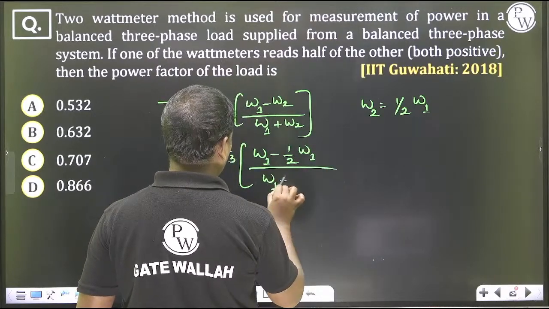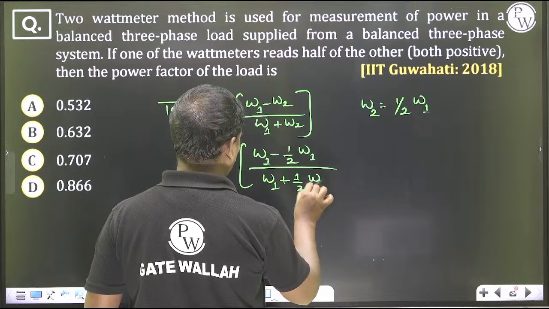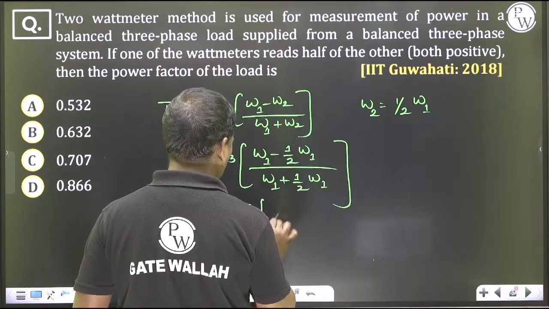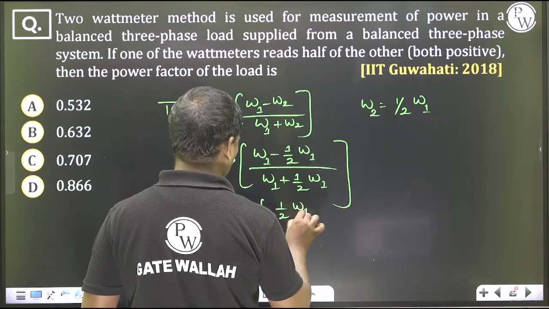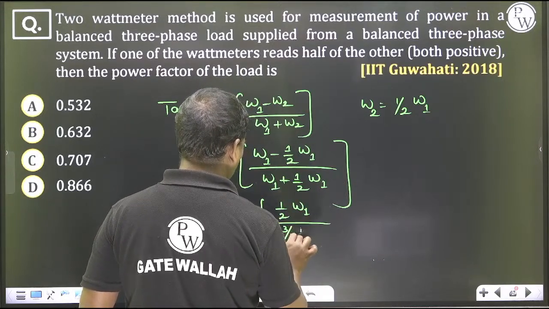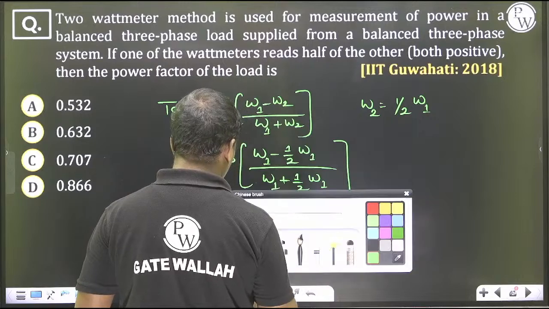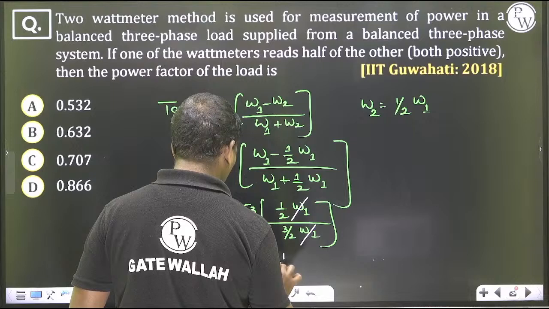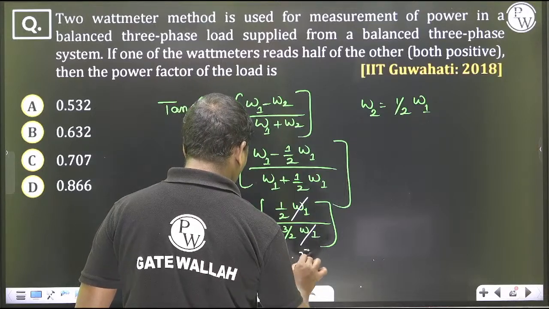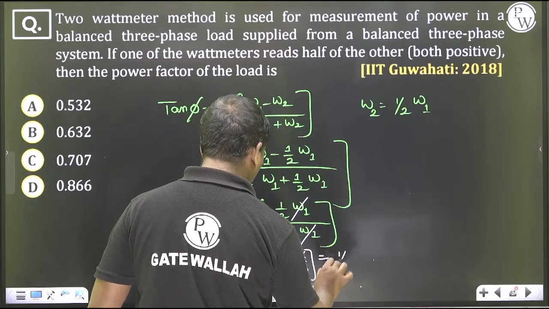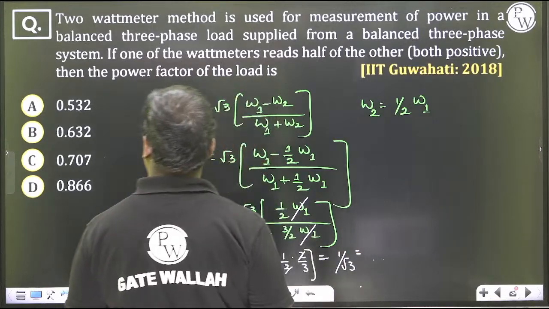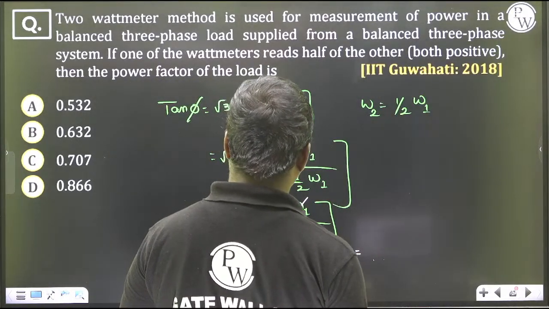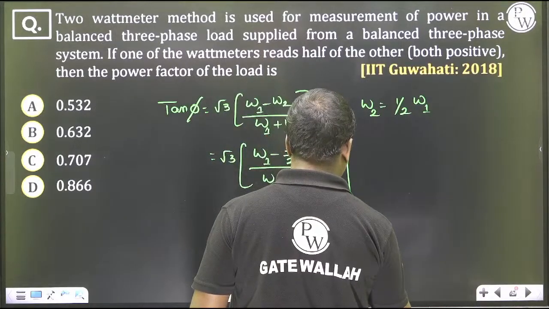divided by (W1 plus half of W1). So √3 into 1 by 2 over 3 by 2 is 1 by √3. So phi is 30 degrees.